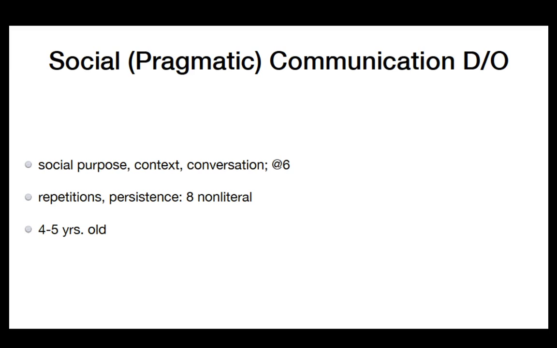Just to summarize, for the social pragmatic communication disorder, when an individual would be having such condition, likely there is that deficit in social purpose. So just like, for example, greeting and sharing information, there is likely a barrier with regard to the ability of the individual to greet and also share information.